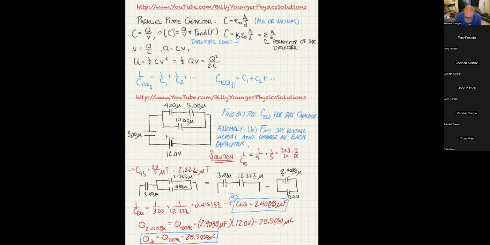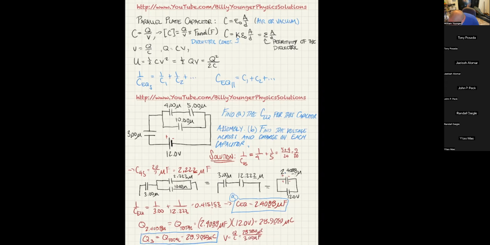And you can also use V equals Q over C to compute the voltage drop across the 3 microfarad capacitor once it gets all that charge. Well, it's going to be 28.9050 microcoulombs divided by 3.00 microfarads.